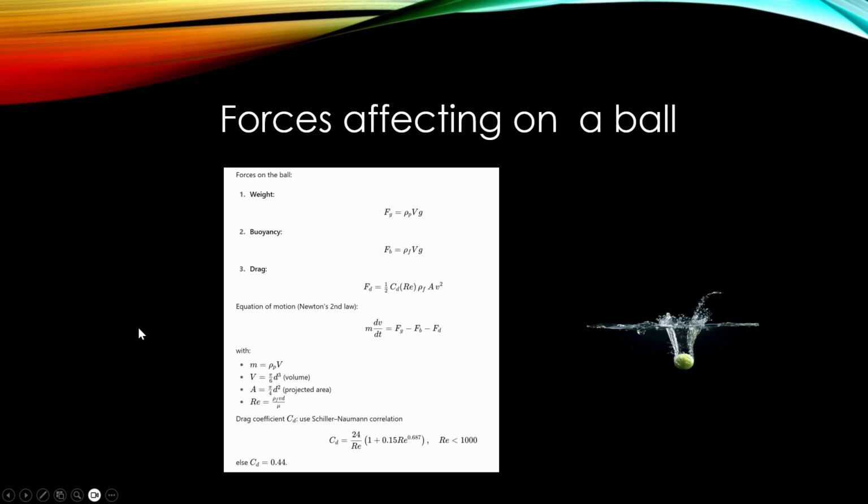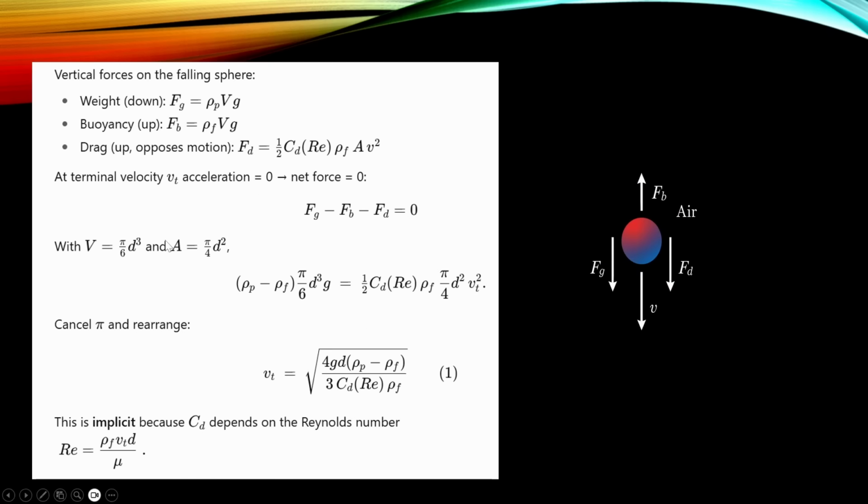If we look at the forces affected on a ball, this is almost a similar case as in previous example. We have gravity force, and we have buoyancy force, and we have drag force. And if we make the force balance, we end up to the similar kind of equation as in previous example.